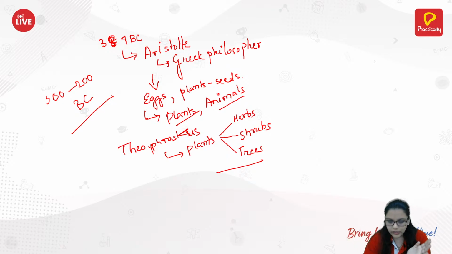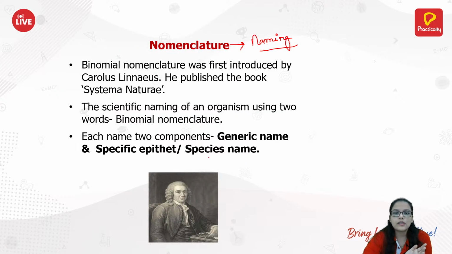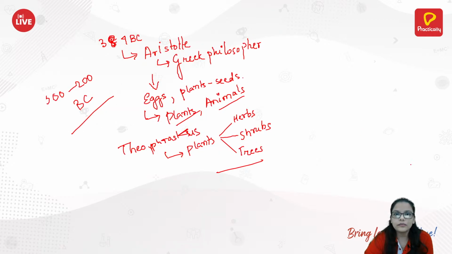Now you come back into this era, the 18th and the 19th century. In the 18th and the 19th century, there was this guy. This picture is of a person named Carolus Linnaeus. He used that knowledge from Aristotle.